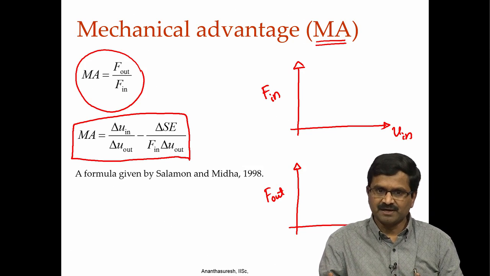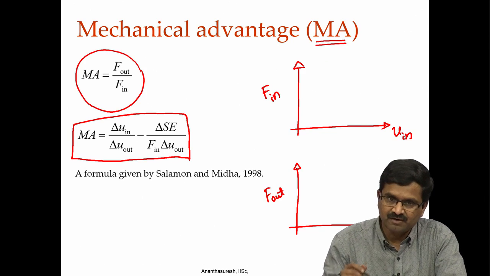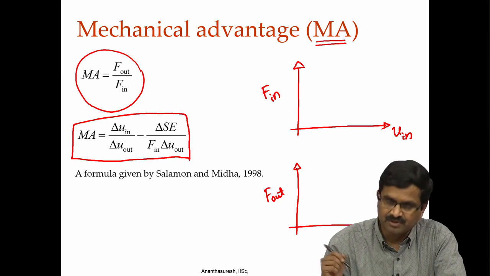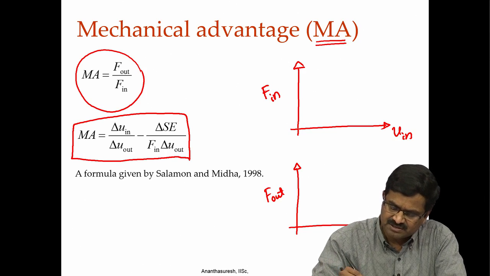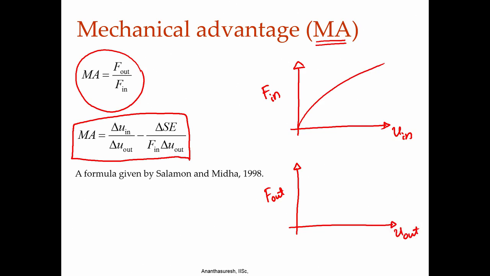So, if you have a compliant mechanism, you have input force and input displacements, there could be some curve there. Similarly, F_out and u_out, just so it looks different, I will draw a curve differently. It can be anything, it can be stiffening, softening, whatever.